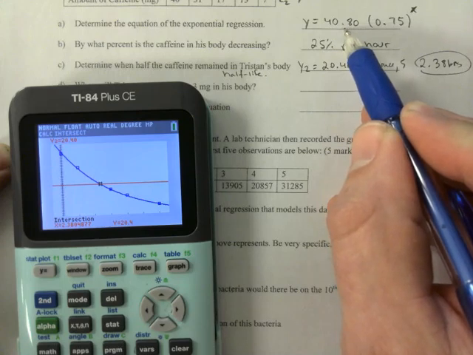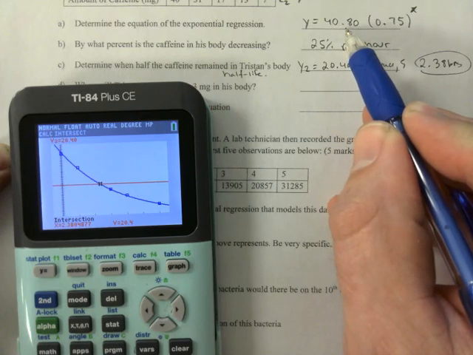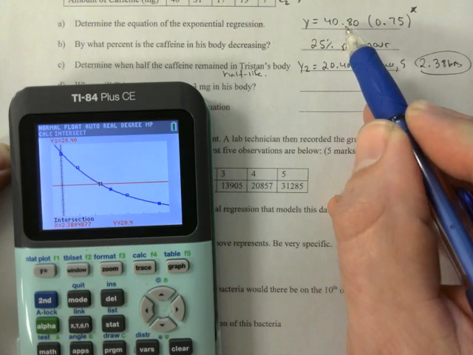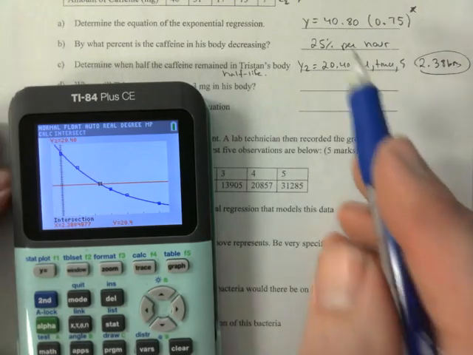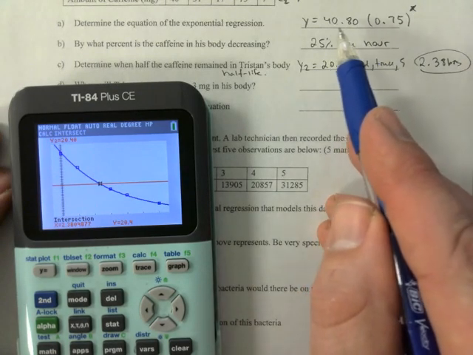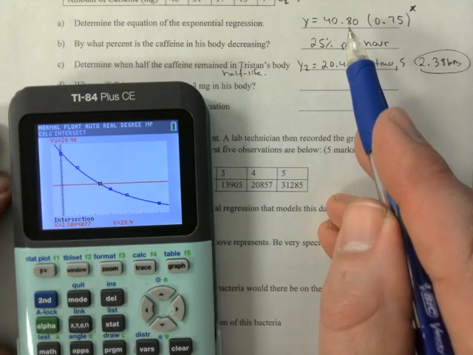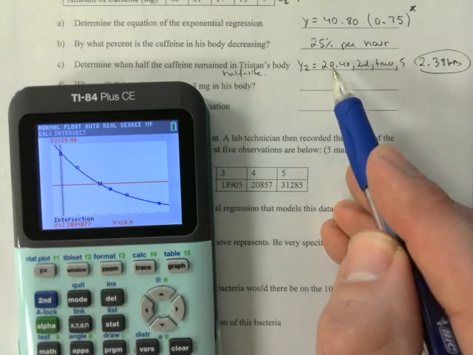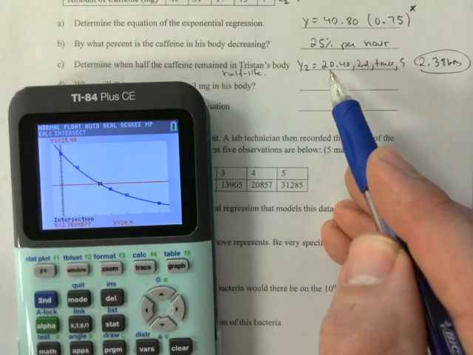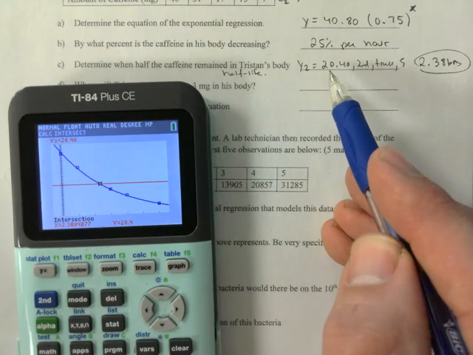I had 40.7986. So you went half of that? Yeah, then you're fine. Some of you may have put more than 2 decimals here, and then half of that will make this different, right? And that's fine. It's the annoying part of this unit, but as long as you're consistent, we're good.